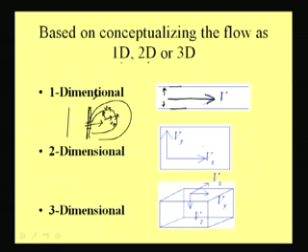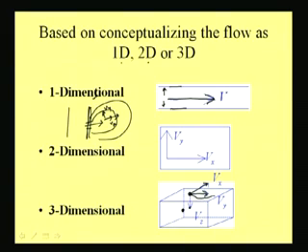And similarly, in some cases there may be some component of flow in the vertical direction. Suppose the fluid is moving in this direction. So, there can be a vertical component of velocity, and a component of velocity in this direction and in this direction; in all three directions it may have a significant component of velocity.